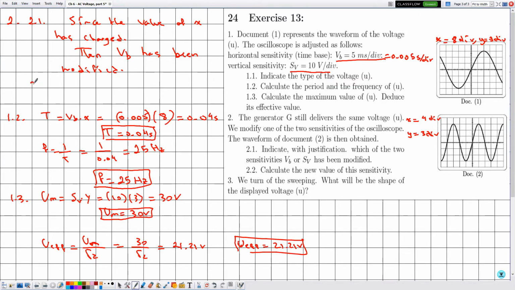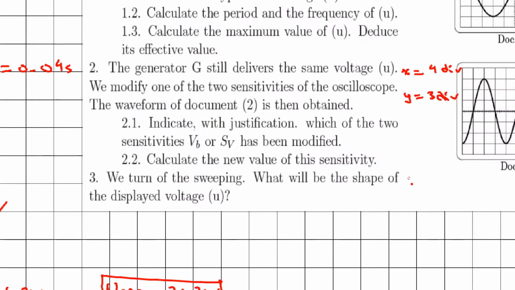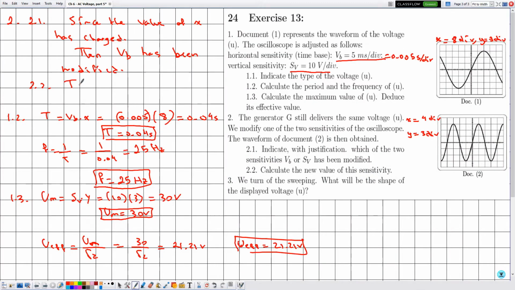So now in 2.2 they are telling me to calculate the new value of the sensitivity, because now we know that the sensitivity is VB. So the period is given by VB multiplied by X, and we are interested in determining VB. Constructing the triangle of this formula, because we have multiplication, the period will be at the top, VB and X at the bottom.